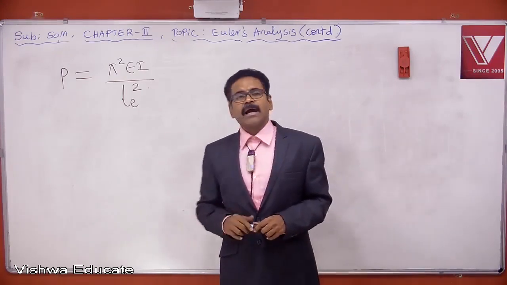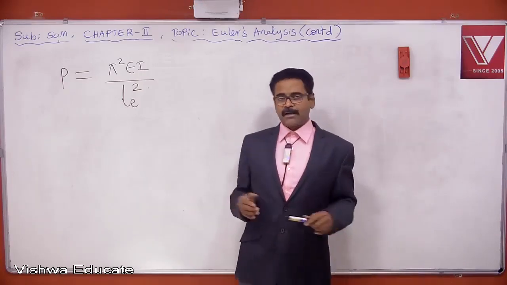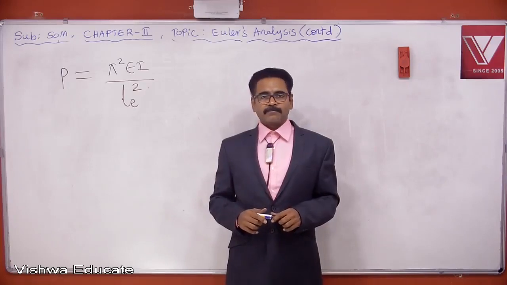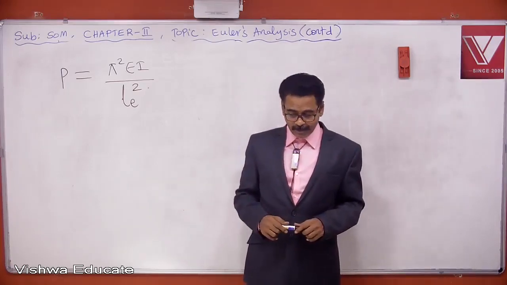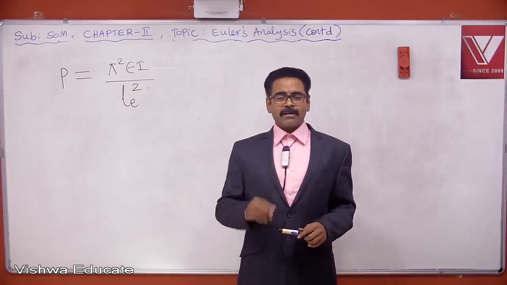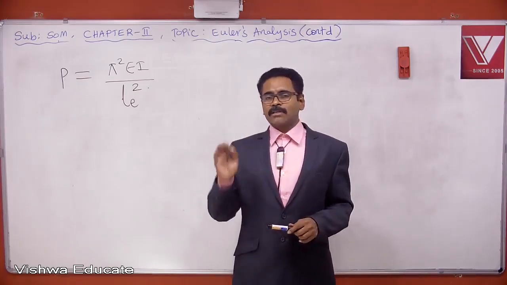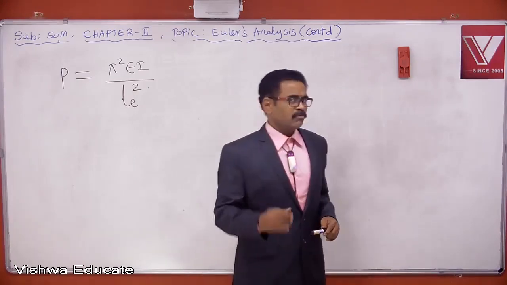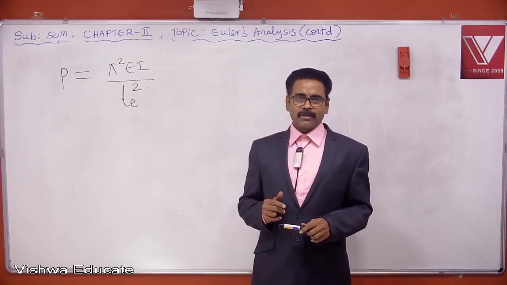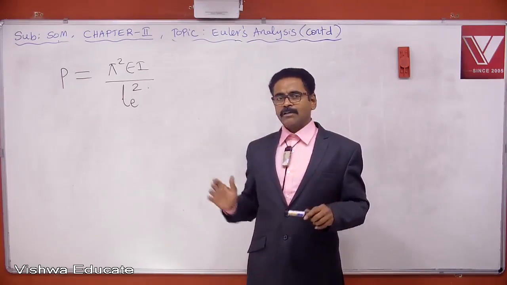That load is nothing but critical load. Critical load is the lowest axial compressive load which may induce some permanent buckling in the column. So like that you have to understand.